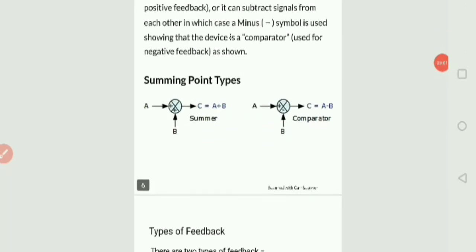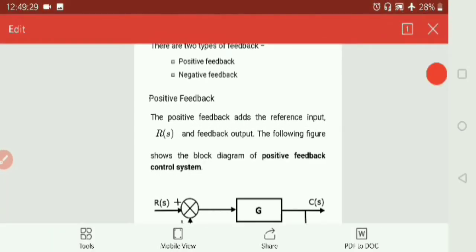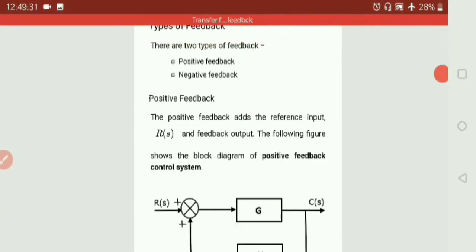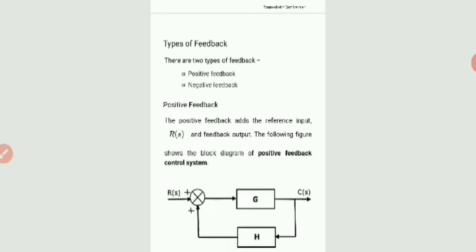Now, what are positive feedback and negative feedback? There are two types of feedback: positive feedback and negative feedback.